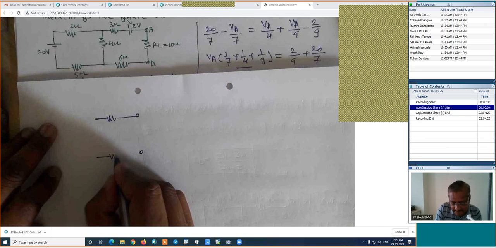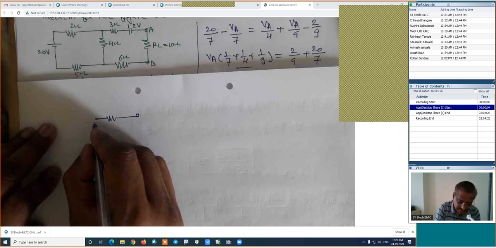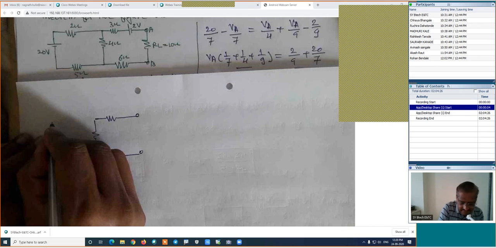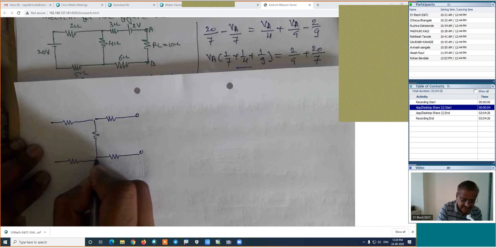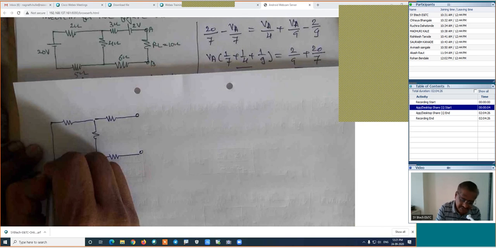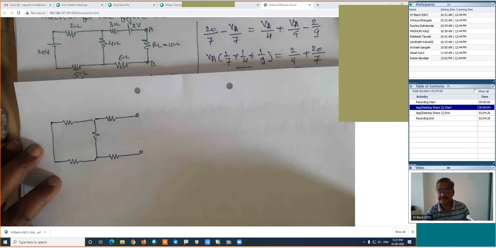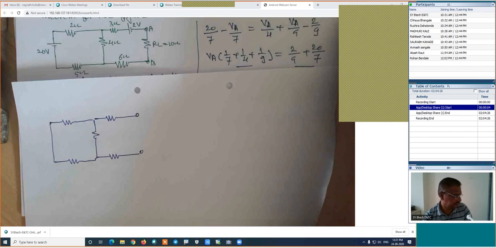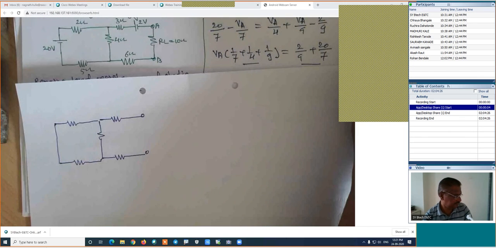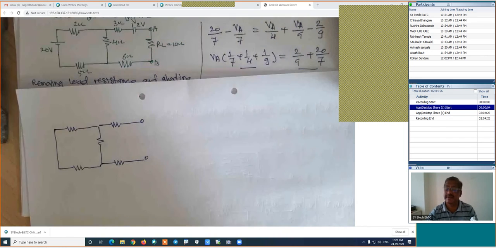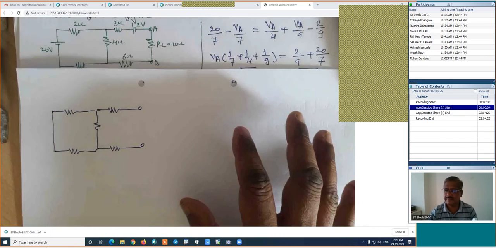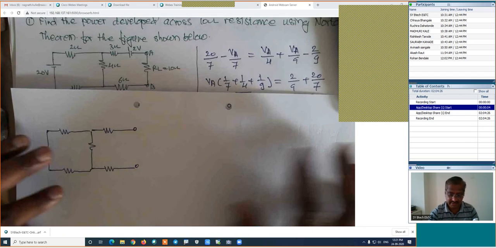It will be this resistance. Here is resistance. This is another resistance, and finally, this is the last resistance, and it will be replaced by its internal resistance.